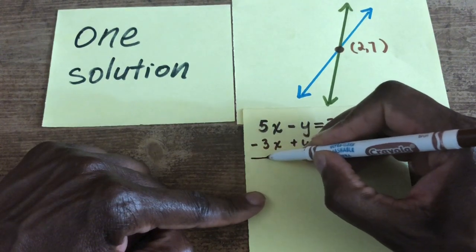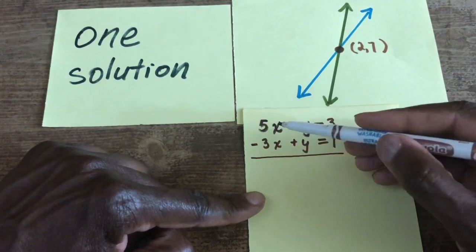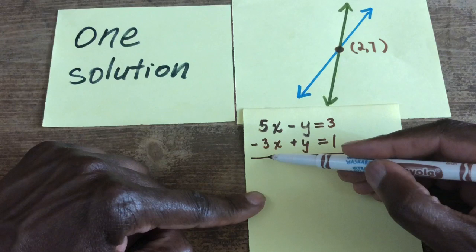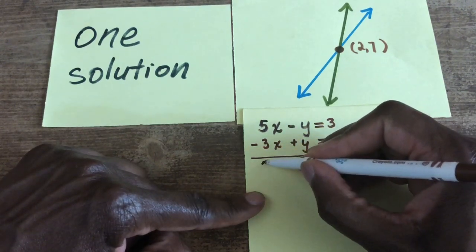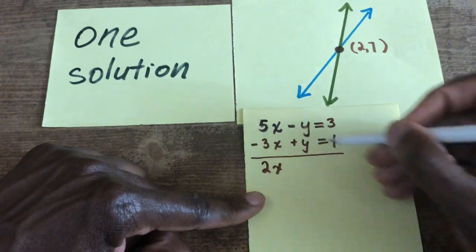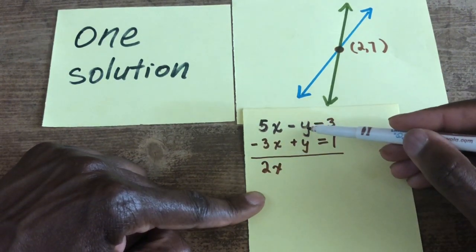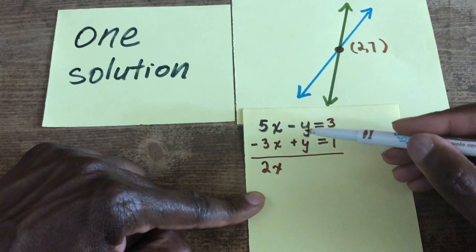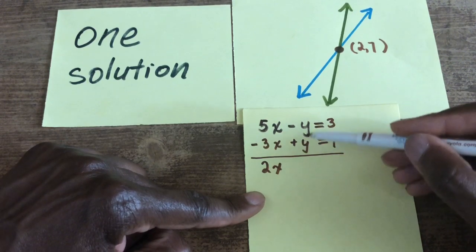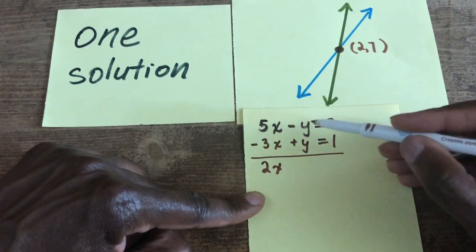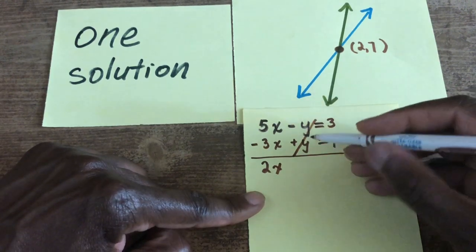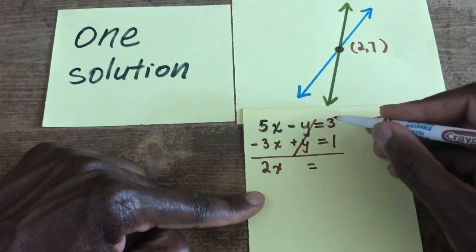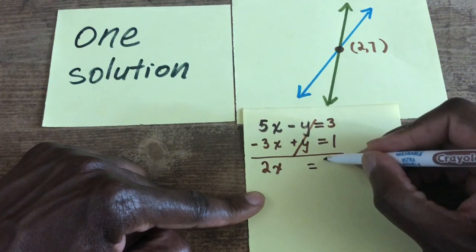So when I add the two equations, 5x plus negative 3x, or 5x minus 3x, gives me 2x. Then the negative y added to the positive y gives me 0y, which is eliminated. And that will be equal to 3 plus 1, which is 4.